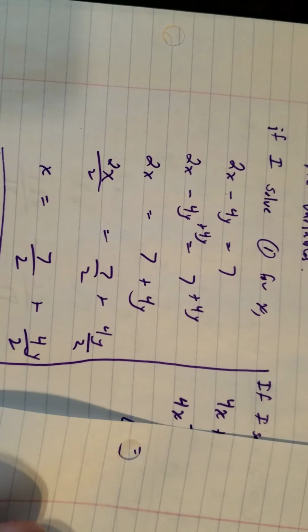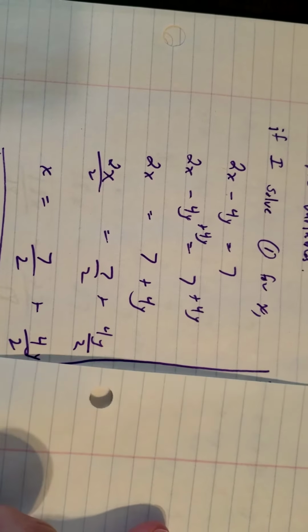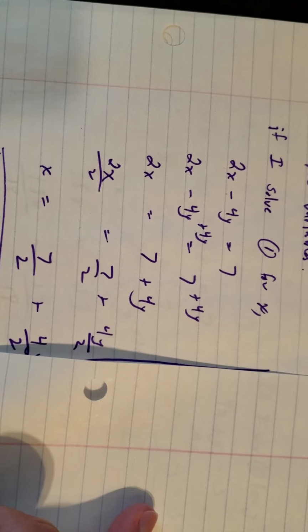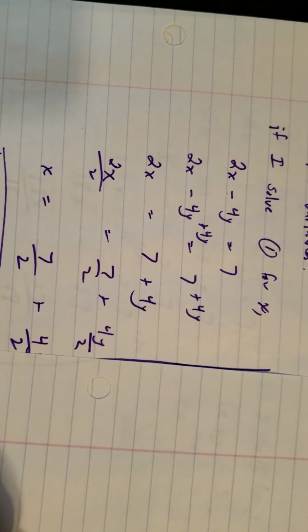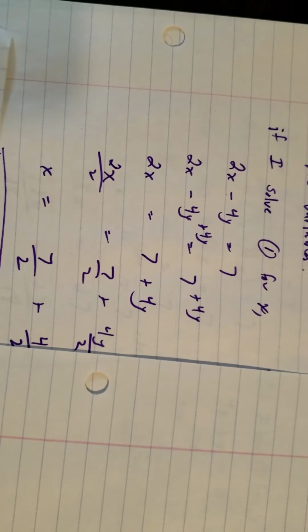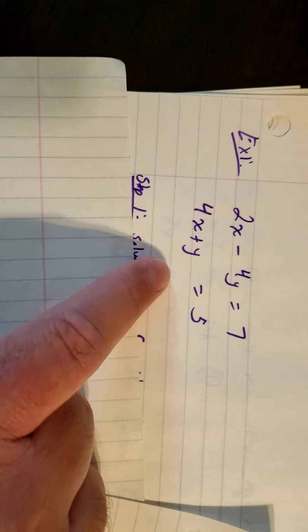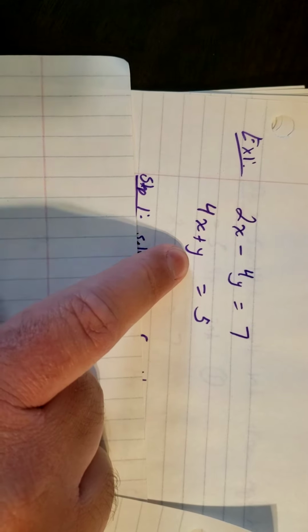Typically, we don't like to deal with fractions if we don't have to. Sometimes you can't avoid it. In this case, this isn't ideal. However, if we go back to the beginning and look at the equations we have, we might notice that this term here doesn't have a coefficient written.